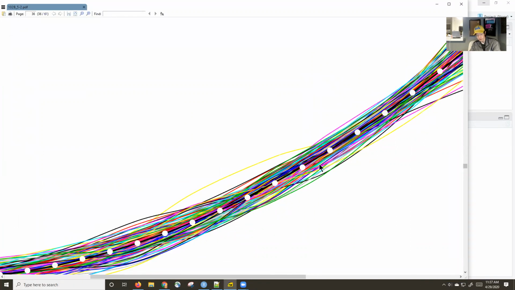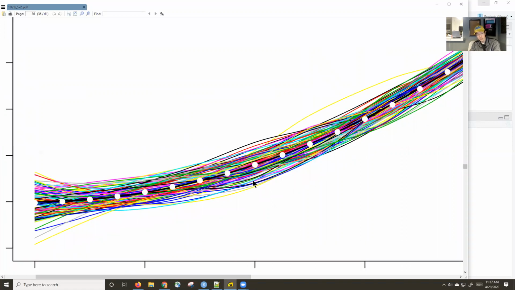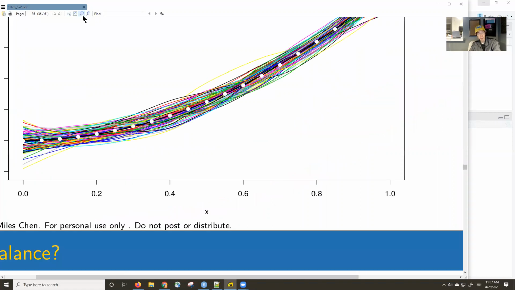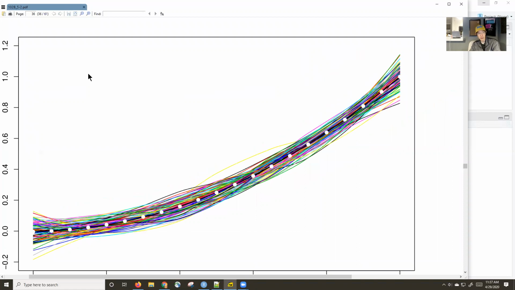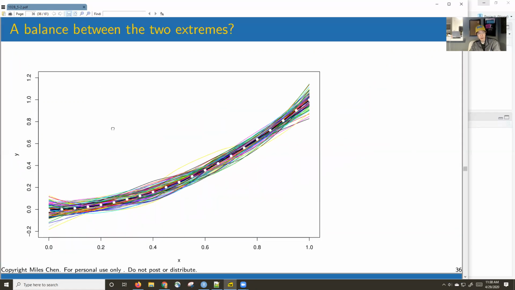And as far as variation goes from one model to another, there's not as much variation. The models are all fairly close to each other. Every now and then you get a line that kind of sticks out, but overall the amount of variation is fairly low.